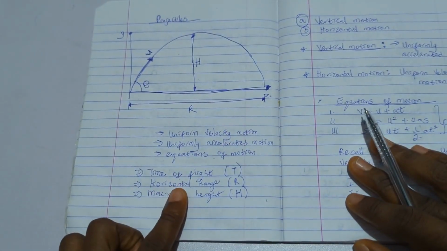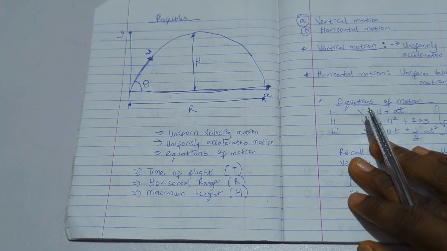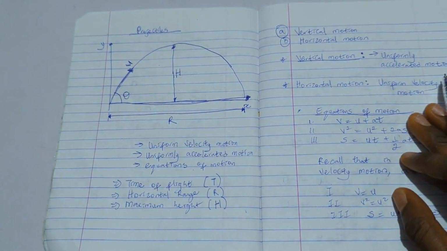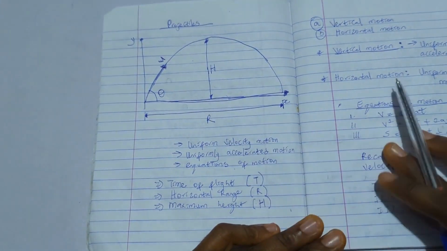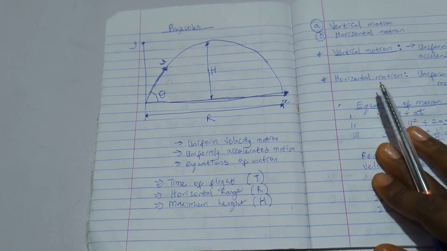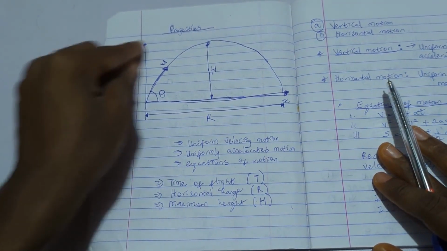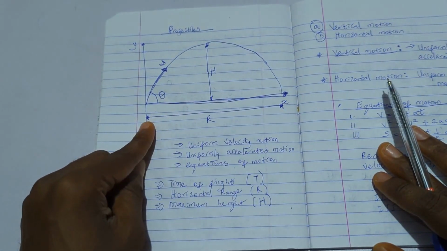Now you may want to ask a question: why couldn't we use the vertical motion for a horizontal range? Now if you think through it, what is the definition for it again? Your horizontal range is the horizontal distance between the final place the projectile landed and where it was initially projected.